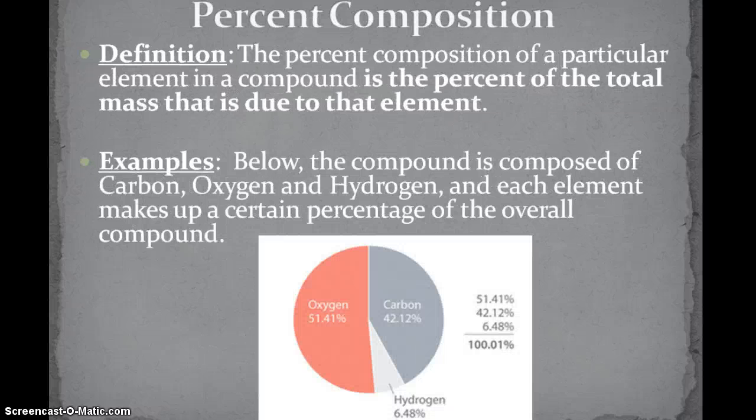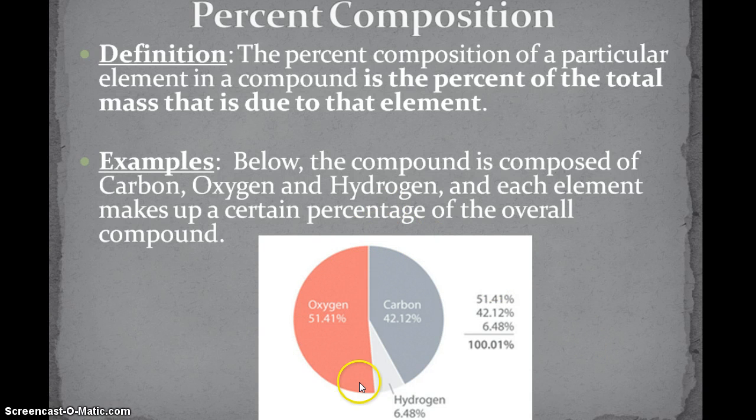Percent composition. The percent composition of a particular element in a compound is the percent of the total mass that is due to that particular element. Below, in my example, I have a compound that's composed of carbon, oxygen, and hydrogen, and each element in the compound composes a certain percentage of the overall compound.